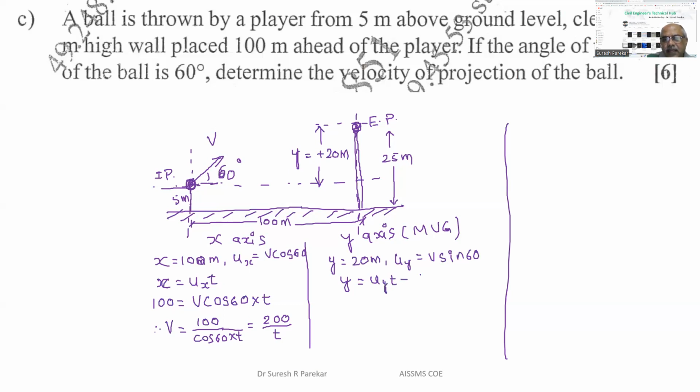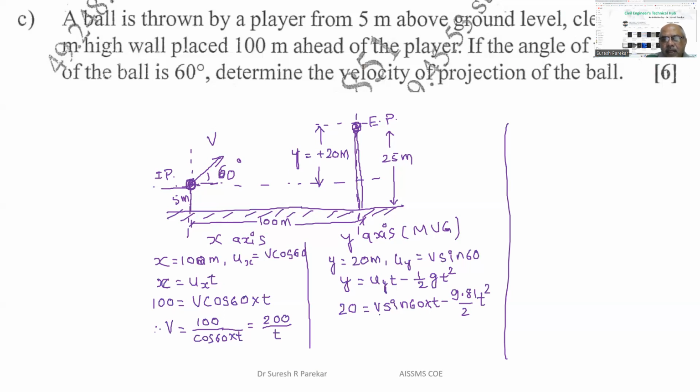Now we have y equal to uy t minus half g t square. Now we have y as 20 meters equal to uy, V sin 60, into t minus 9.81 upon 2 into t square.